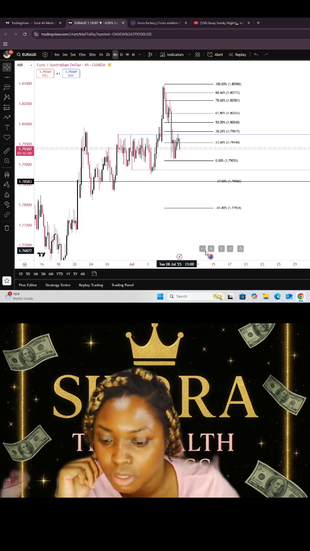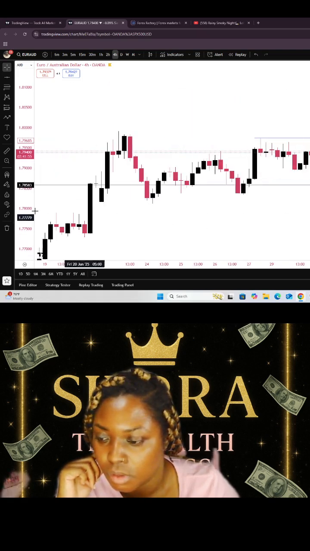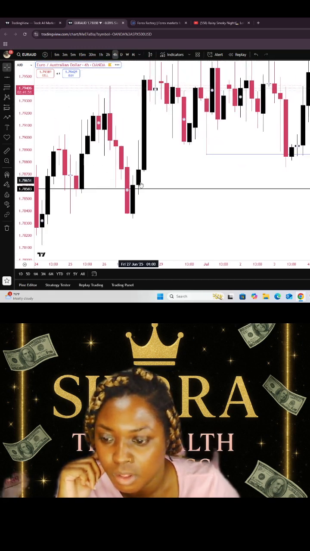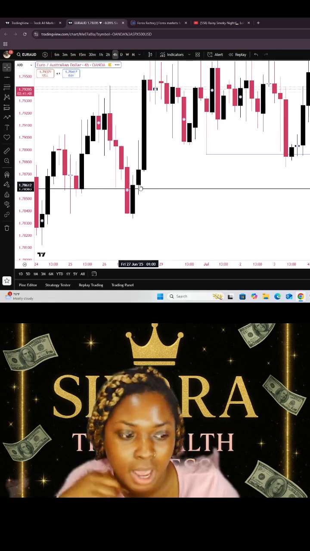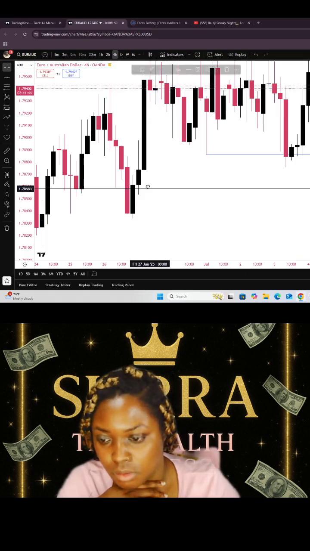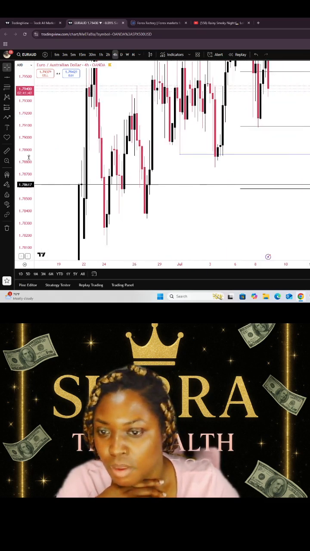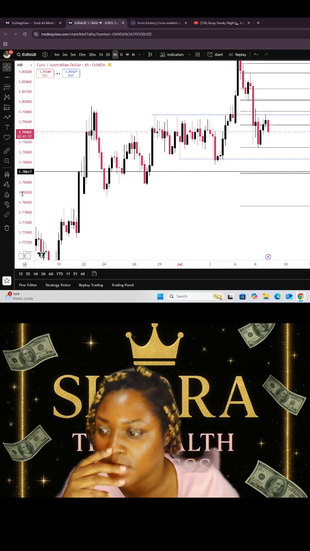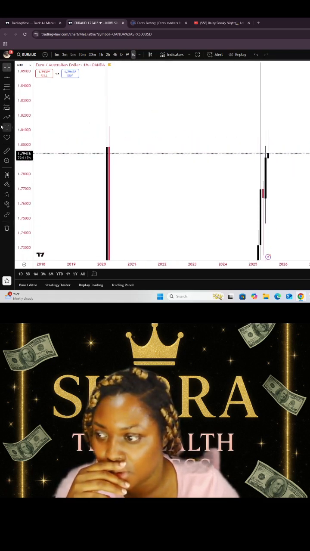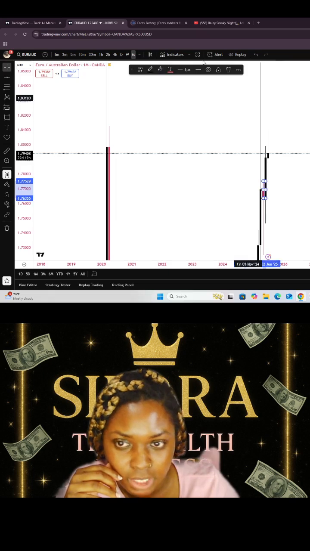Let me zoom in. The body, the bottom of the body of this candle, okay? So right here. Oh wait, this was a CRT move though. So we could possibly get more pips. It's just making sure it breaks out of that area.